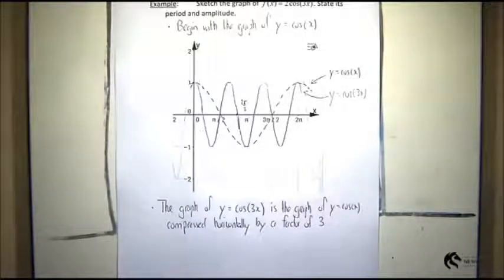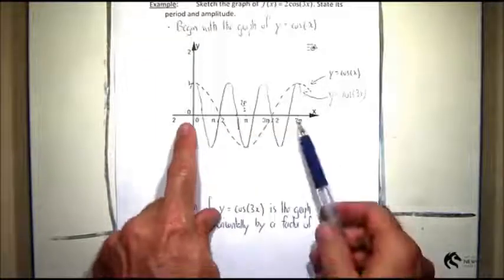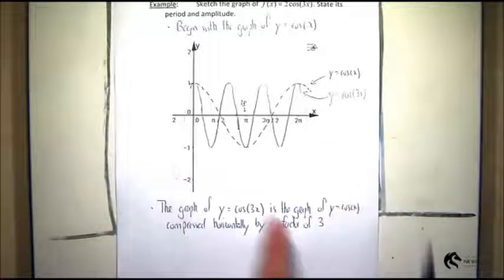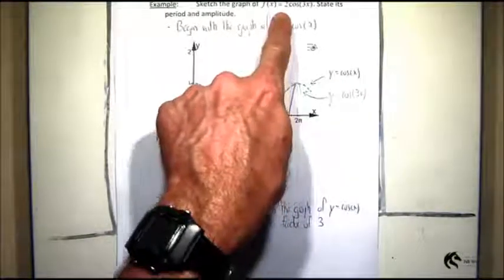So as I say, there are 3 cos-like graphs fitting inside the period 2 pi in this new function. And lastly, now I have to do the 2 part.